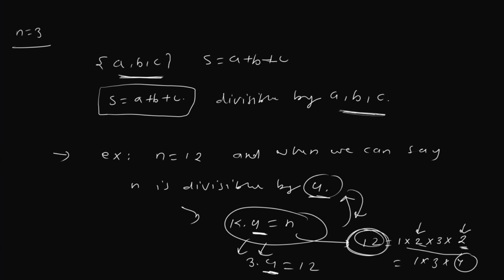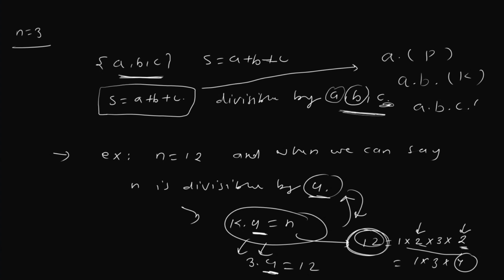So here we will apply the same thing. We'll think about how we can make the sum divisible by a: the sum value must have a into something, let's say p. For it to be divisible by b, it must be a into b, let's say something k. And for it to be divisible by c, it must be a, b, c, with nothing left.